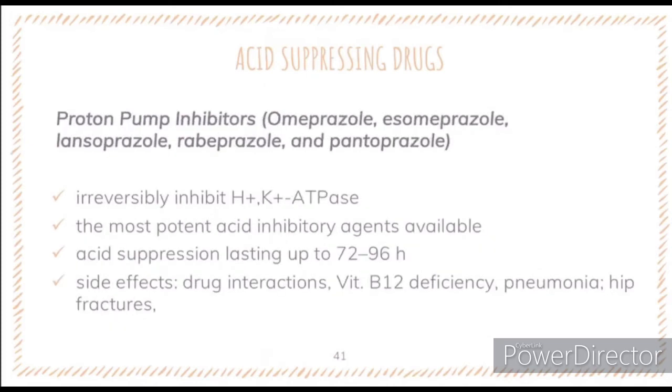Next would be the proton pump inhibitors, which irreversibly inhibit the hydrogen potassium ATPase. This is the most potent acid inhibitory agent available, with acid suppression lasting up to 72 to 96 hours. The side effects of this drug would be vitamin B12 deficiency, pneumonia, and hip fractures.